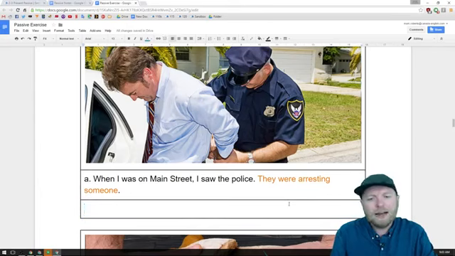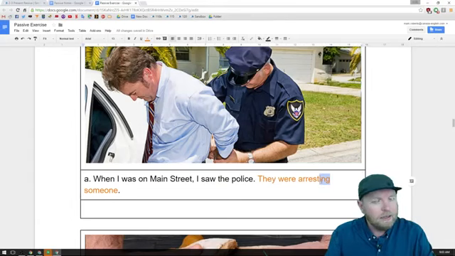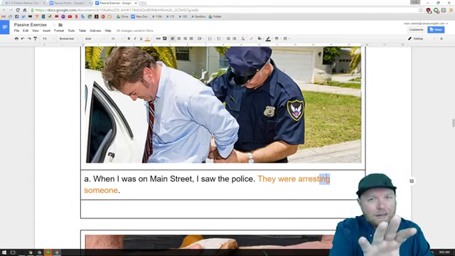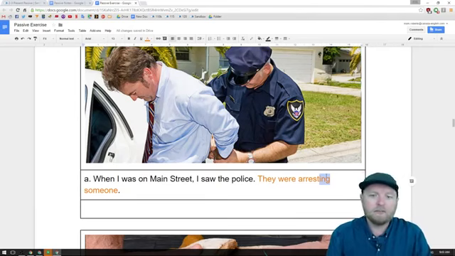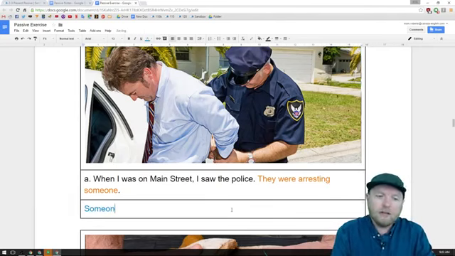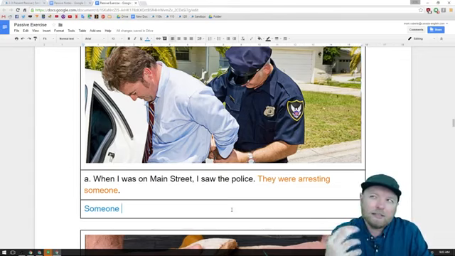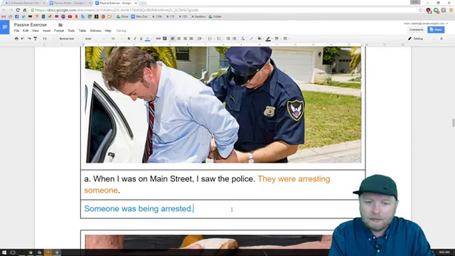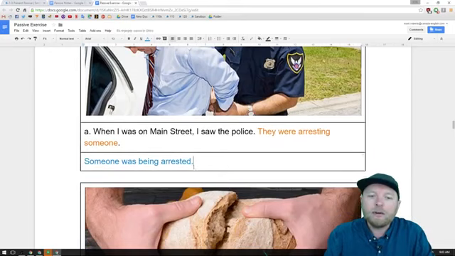Change this to passive. Now, this one, be careful, this is continuous. So we need be, being, and a past participle. Someone be in the past. Someone was or were. Someone was being arrested.